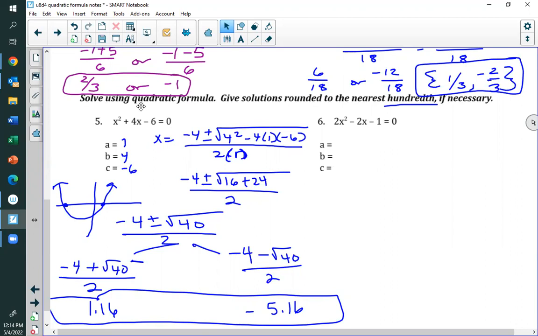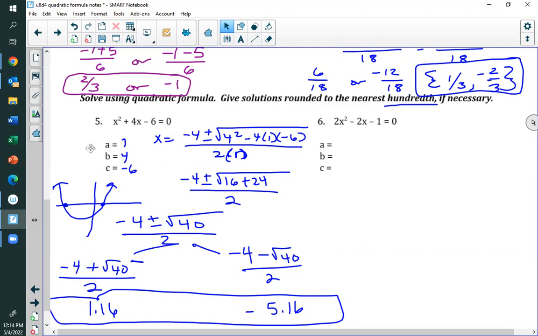And now I have to divide by 2. On your SOL, you guys literally will not get these little calculators. You will have to use Desmos, just so you know. I got that official word yesterday in our SOL training.